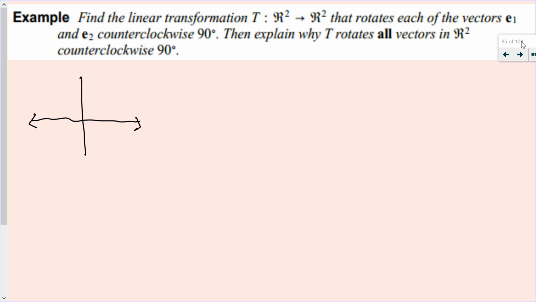And then I'm going to picture what happens when I rotate e1 90 degrees.